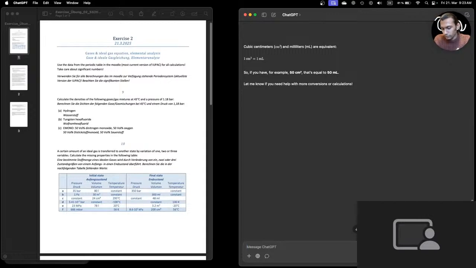If you convert the values, it's going to be 48 by 24 into 295 degrees Celsius, which gives 2 into 295, which is 590 degrees Celsius.